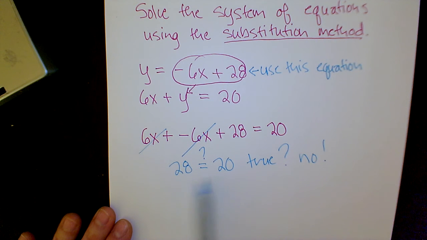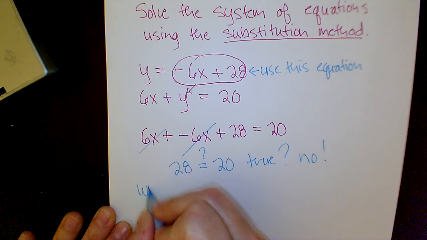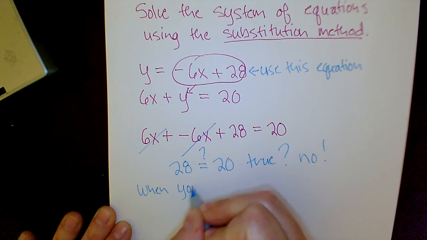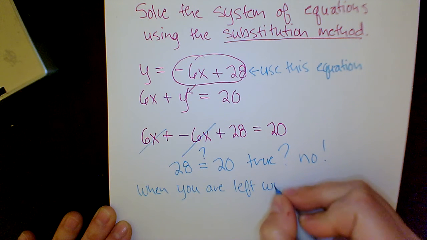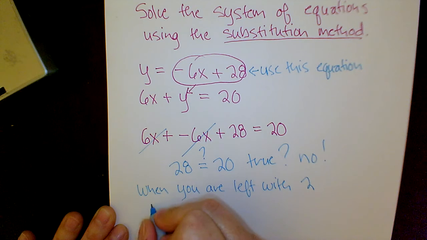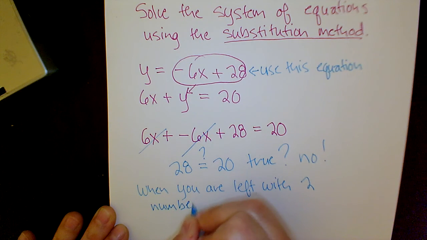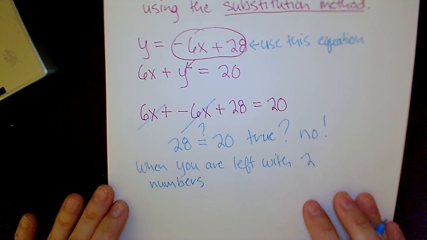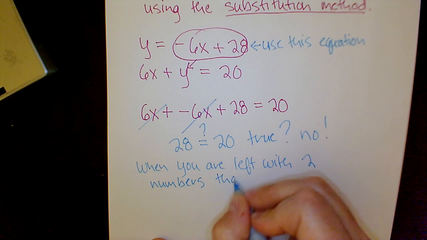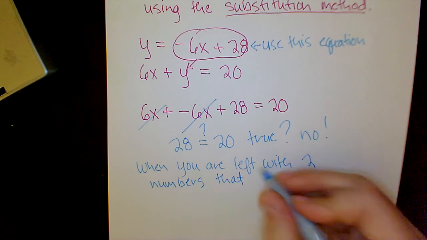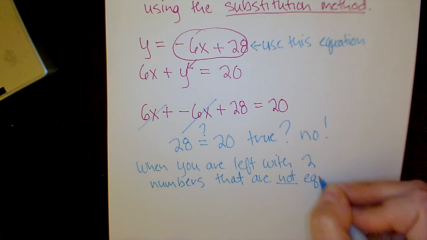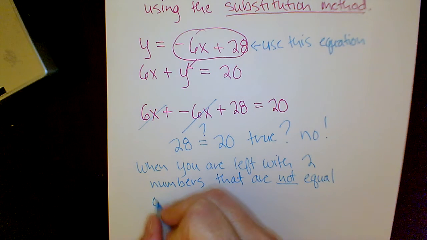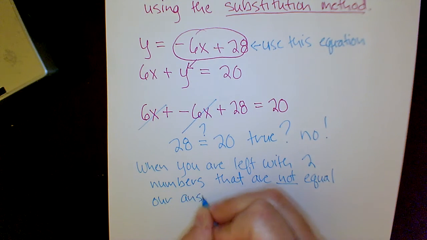So when I get down to two numbers that are not equal, let me write that on here. When you are left with two numbers that are not equal, our answer is no solution.